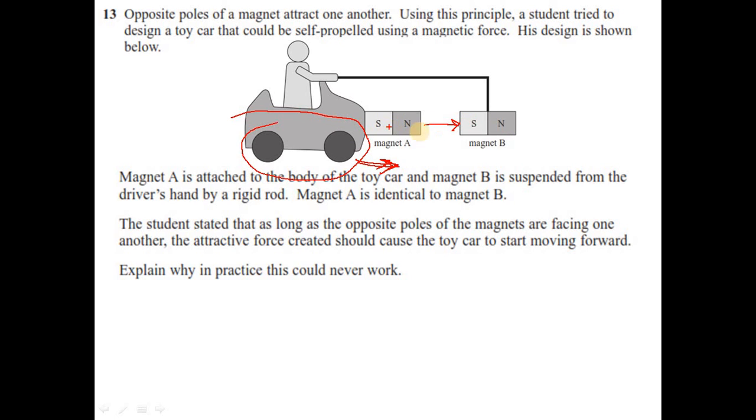So both magnets are part of the same object. That means both forces act in opposite directions and are equal in magnitude, so the net force will be 0.